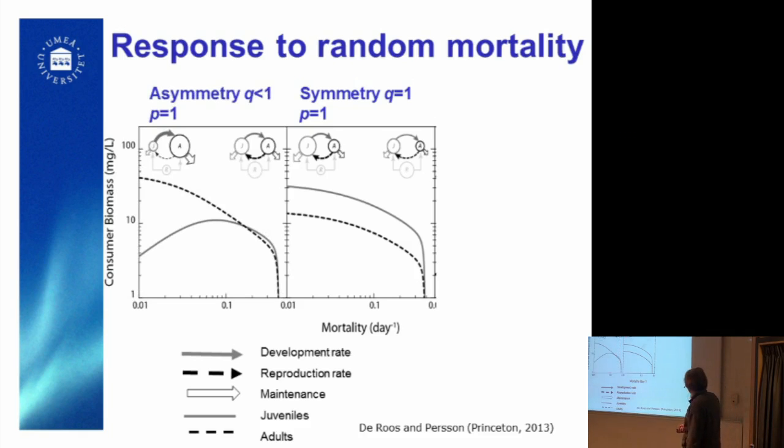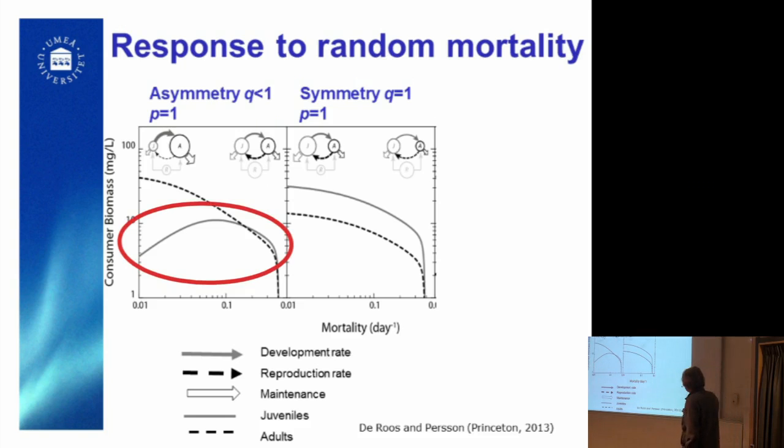If we now introduce a case where we keep the mortality the same for juveniles and adults, but we introduce an asymmetry with Q smaller than 1, that means that juveniles are better competitors in the system. Something very different happens, because now, once again, adult biomass decreases with mortality, but juvenile biomass goes up, follows a hump, so it first increases and then levels off.